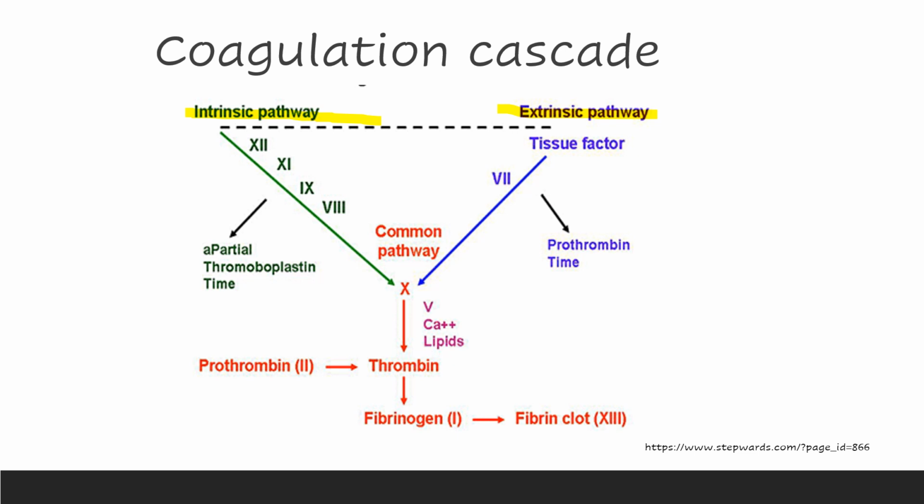We have factor 7 for the extrinsic pathway, but the common pathway for all of this is factor 10, which leads to the formation of thrombin, the important mediator that converts fibrinogen to fibrin clot, which is stabilized by factor 13.